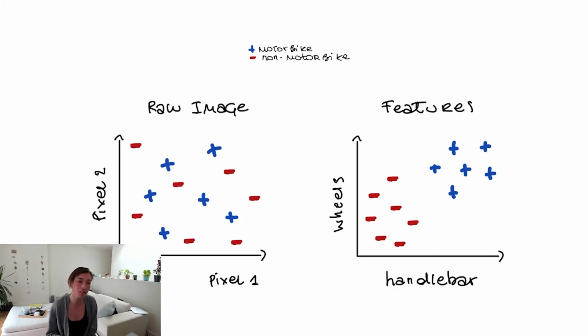So hopefully you're starting to see how we can obtain wildly different results with the same number of inputs, the same number of features. That is the concept of better data, not necessarily more data. And so using domain knowledge, motorbikes have wheels and they have handlebars. Using this knowledge, we were able to create new features that represent the problem space efficiently and increase the accuracy of our model.